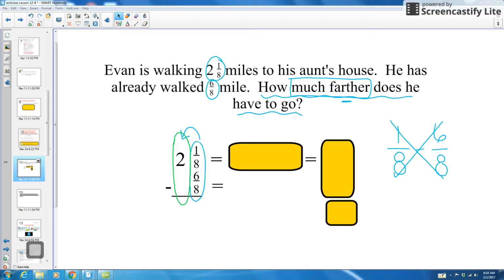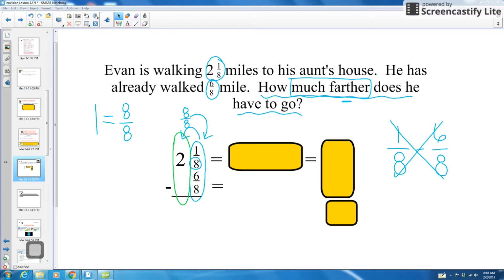It's not like we just go over to the 2 and bring a 1 over because 2/8 still wouldn't work. You have to think of when you come over to this 2, a 1 in the world of fractions, really, because we're dealing with the eighths, would be 8/8.